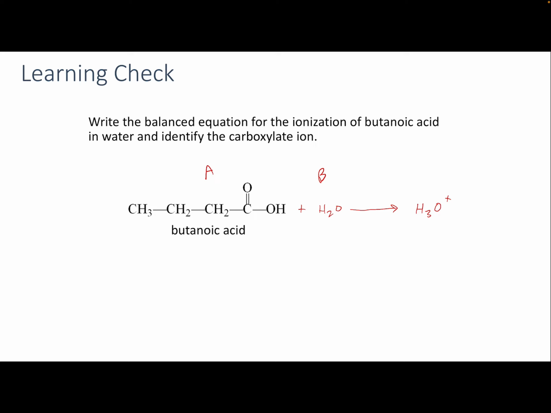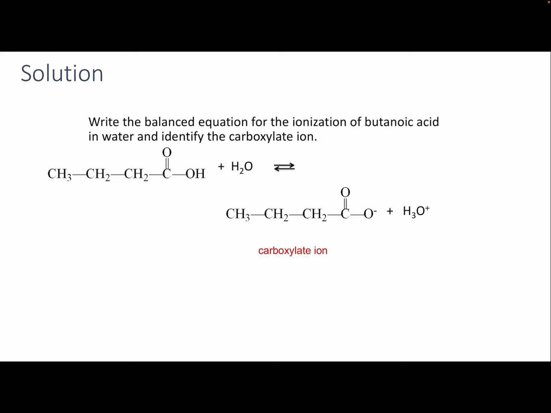And it'll gain the hydrogen, and the acid will lose the hydrogen. So we'll have H3O+ plus CH3CH2CH2C double bond O, O minus. And butanoic acid should become butanoate ion. Or in other words, a carboxylate ion.